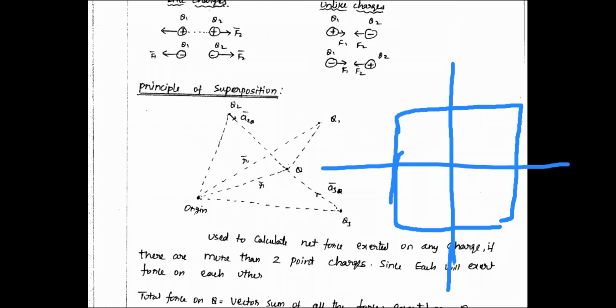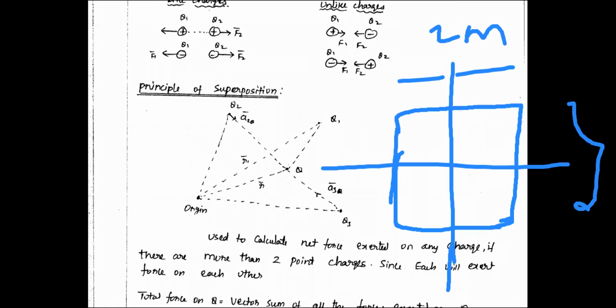Take a square like this, and for simplicity, take the sides of the square as 2 meter. If it is 2 meter, definitely here 1 meter will be there. All the sides have 2 meter distance.